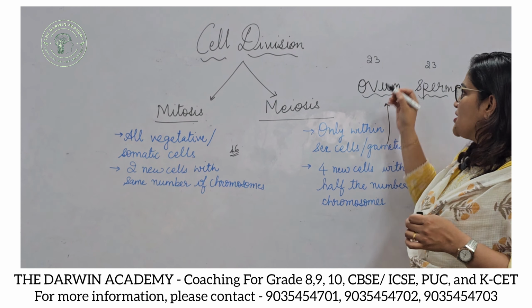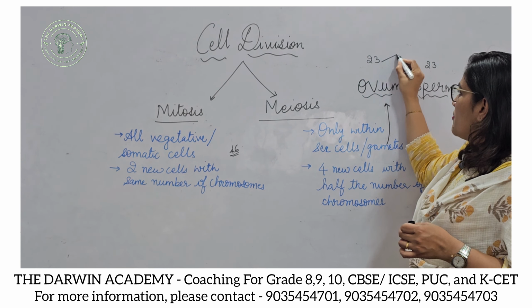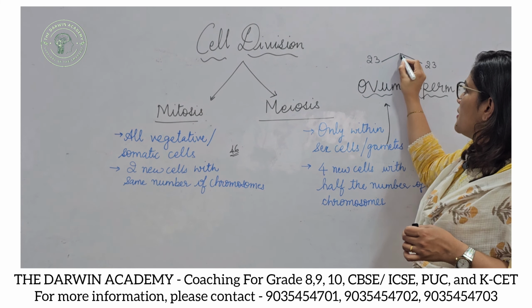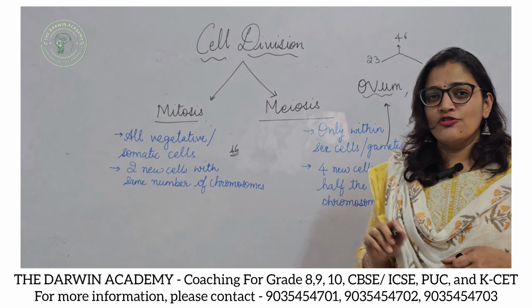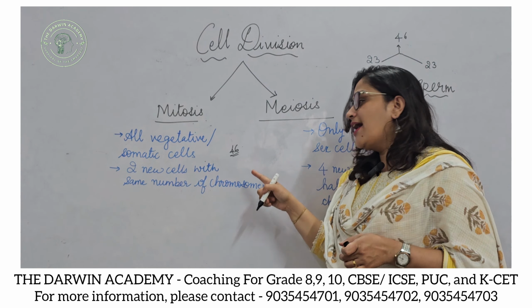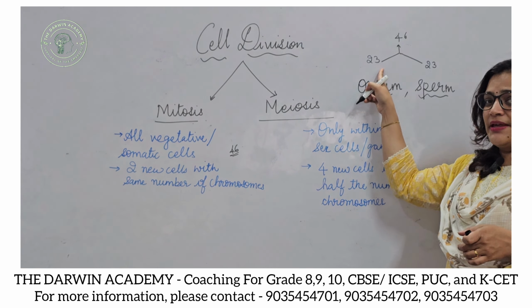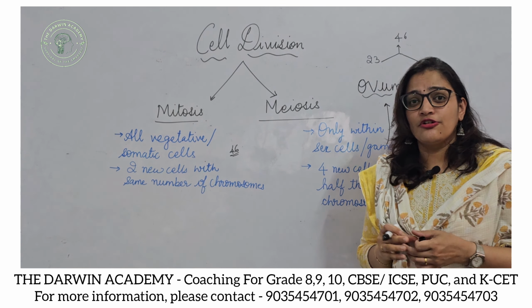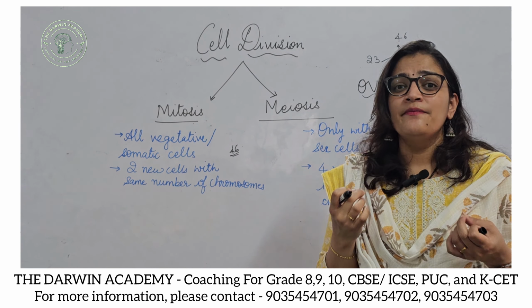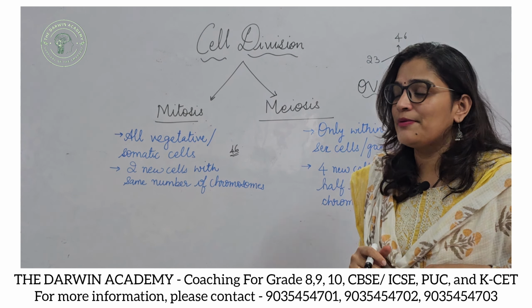During fertilization, when the ovum fuses with the sperm, they together will have to form 46 chromosomes only. If they had 46 chromosomes at the beginning, then their number would have exceeded the actual chromosome number of a human being. That should not happen.